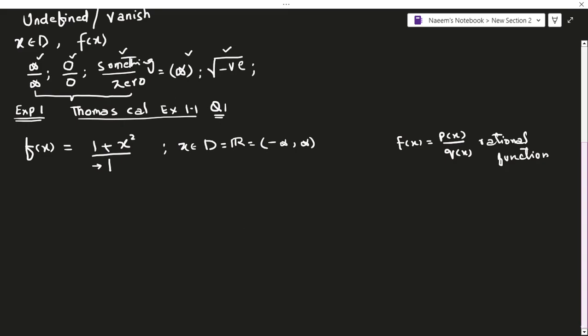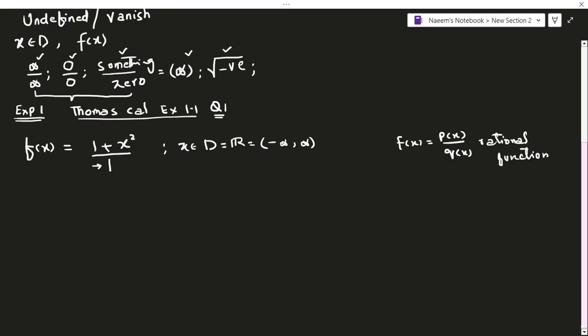That means we cannot get any such form from these three for any value of x. You can plug any x in this f of x, and this f of x will not vanish in the form of infinite, 0 over 0, or something over 0. So you can plug any x from this set D. There is no restriction.